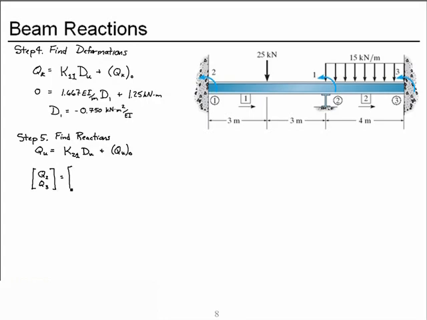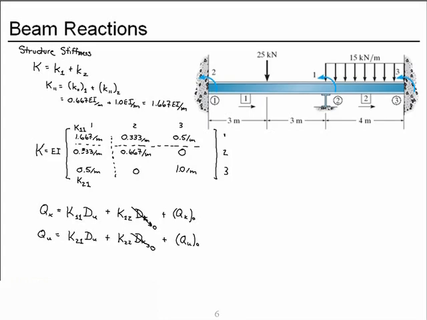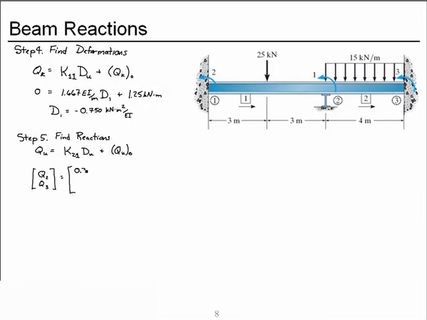And to find those, we'll use the portion of the structure stiffness matrix, which we identified as this chunk, and 0.5 EI per meter times the deformation.